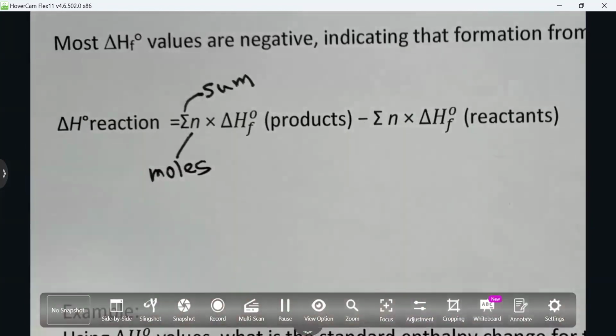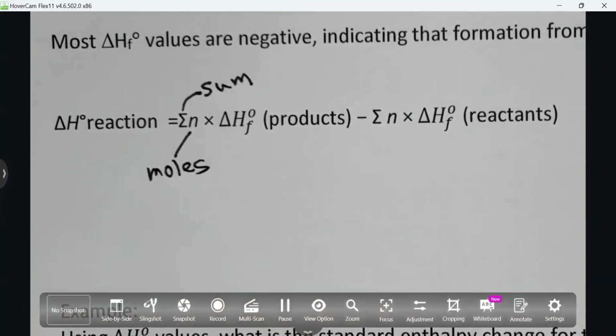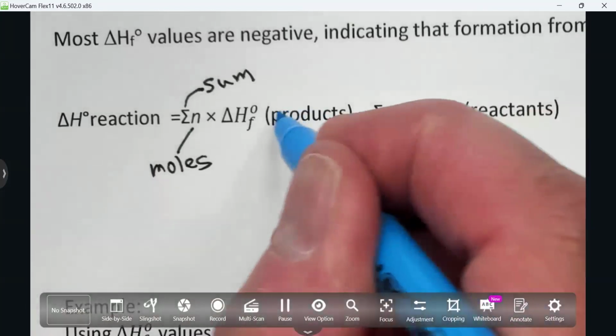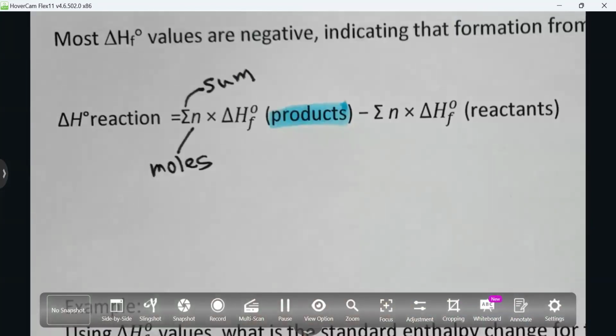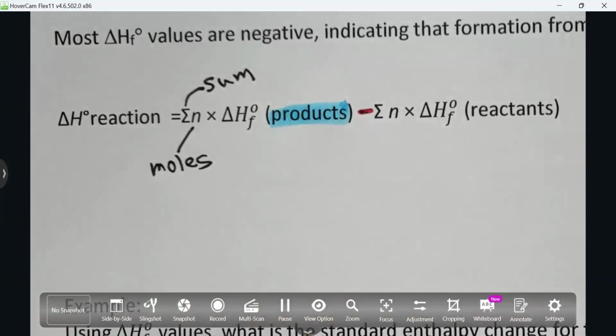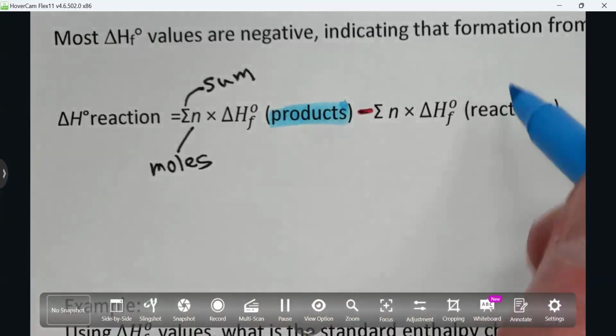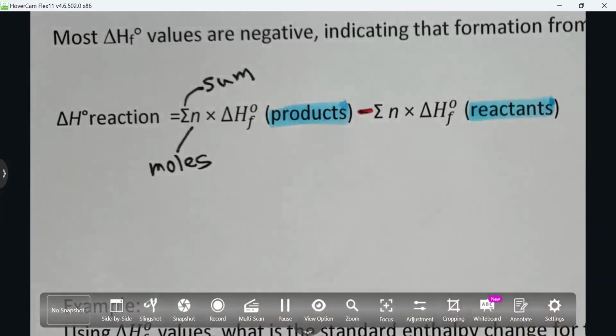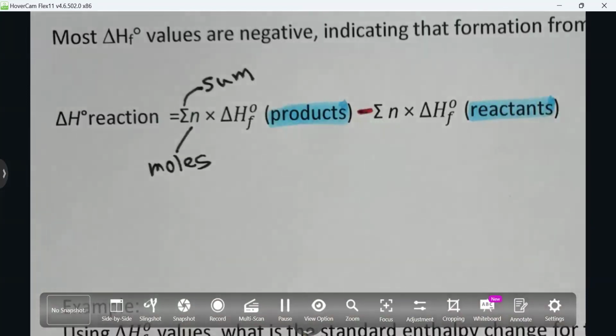And then it is the enthalpy of formation of products, minus, big minus, enthalpy of formation for reactants. Products minus reactants. And the best way to do this is just to do the next example right away and you'll understand it.